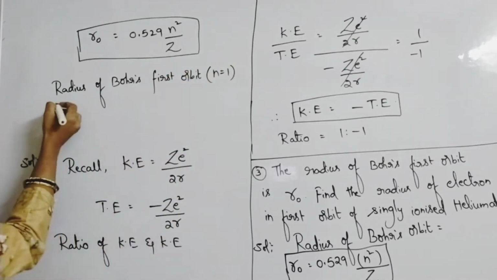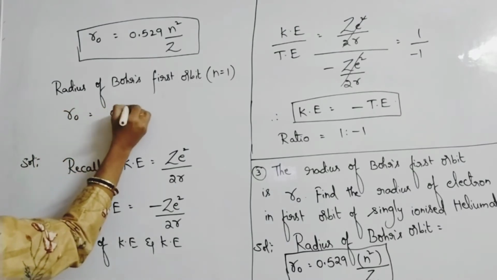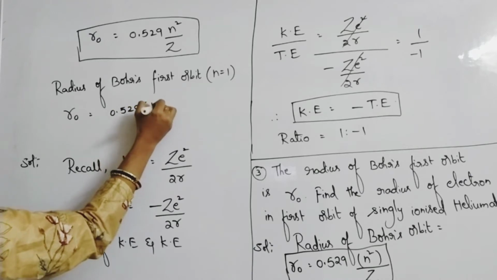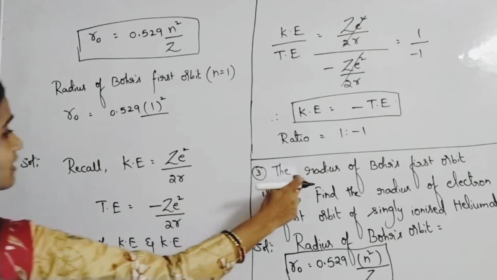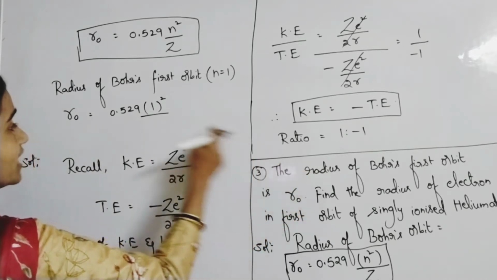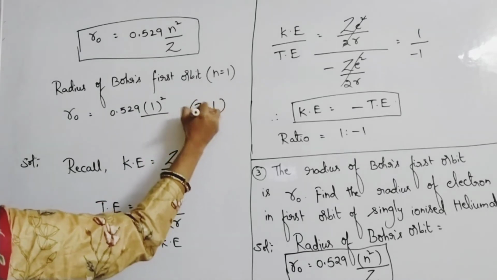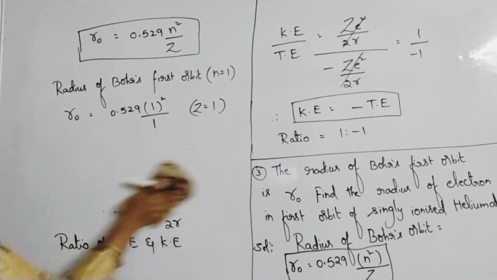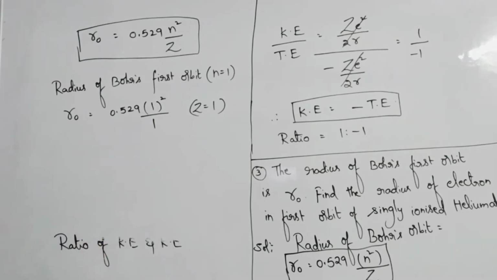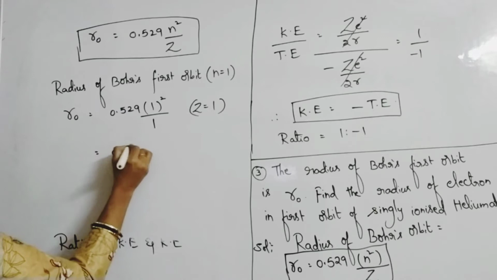Please remember. The radius of Bohr's first orbit is R0, equal to 0.529 into 1 square by z. Here it is Bohr's first orbit, so we take the hydrogen atom, and z value is 1. So R0 is 0.529 into 1 square by 1.